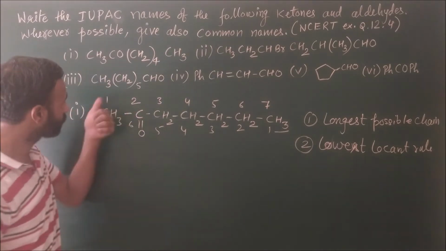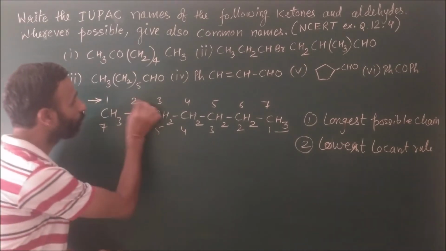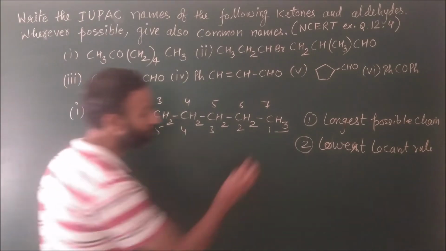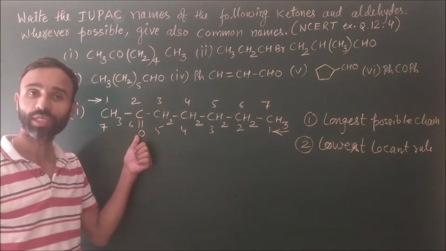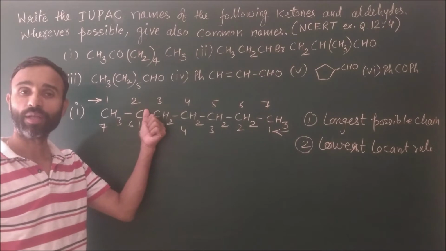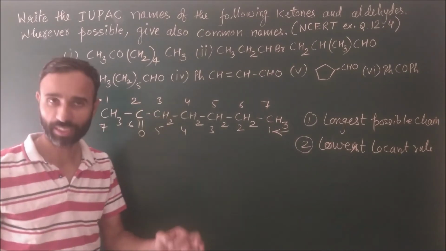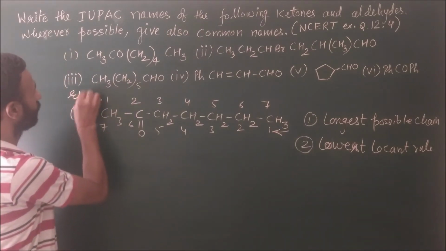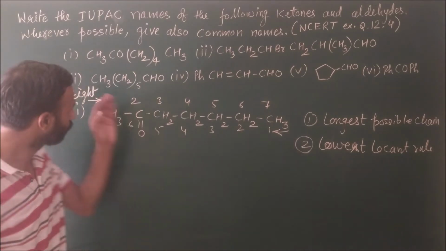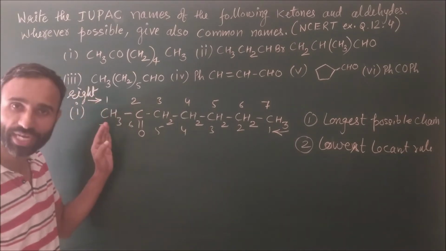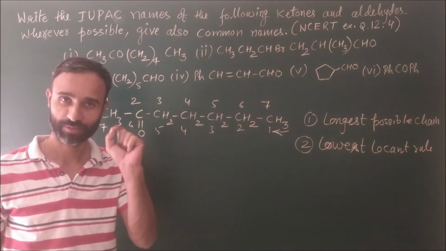If we start numbering from this side, CO will get number 2, and if we start numbering from the other side, CO will get number 6. So obviously this is the right direction. We will start numbering from the left side so that CO gets the lowest number.